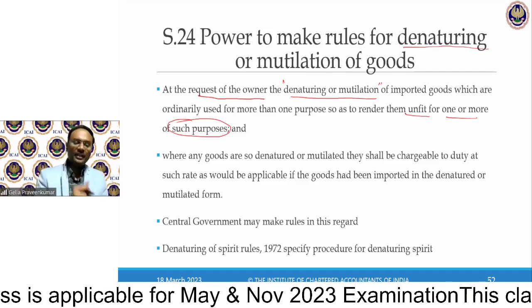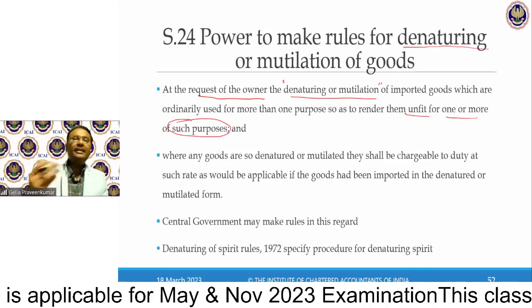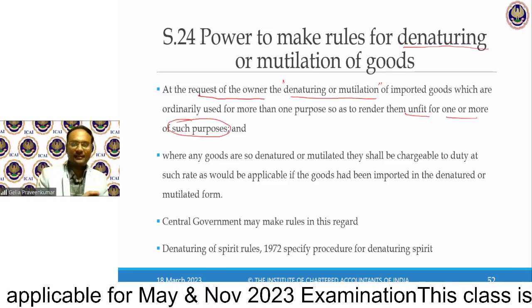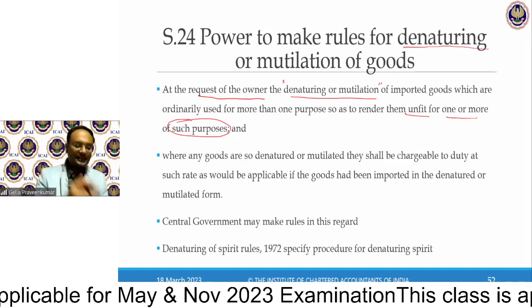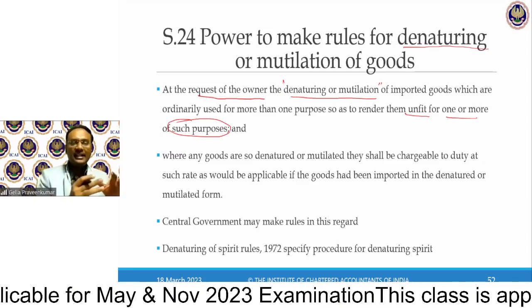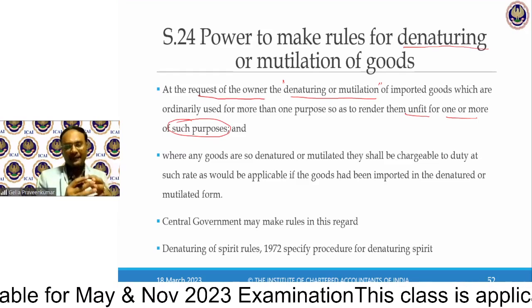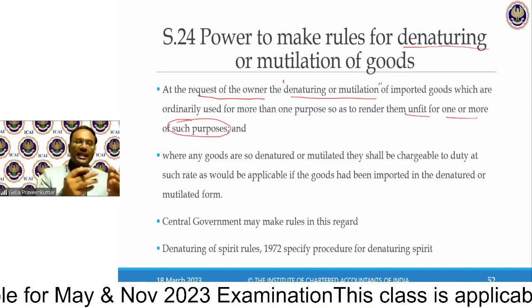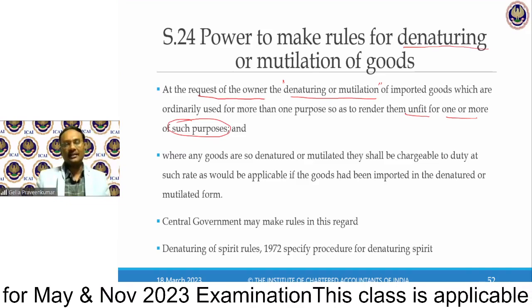Like the narcotic sugar, which if used in the open market becomes like anesthesia. Similarly, ethyl alcohol. I was giving the example of the 3-in-1 agarbatti brand, where they use it for incense stick manufacture. So if I use it for aroma manufacture, I can request the customs officer to mutilate it, to say that it is used only for industrial purpose, not to be used otherwise.